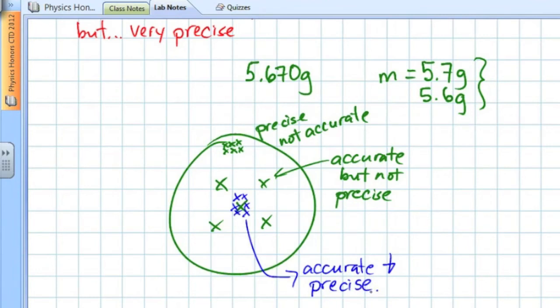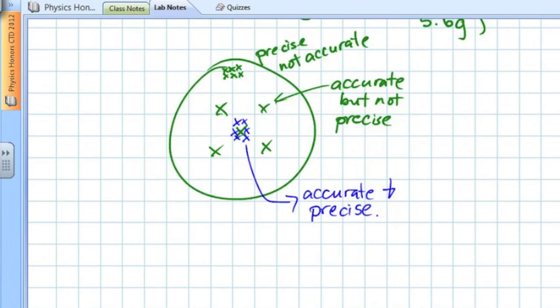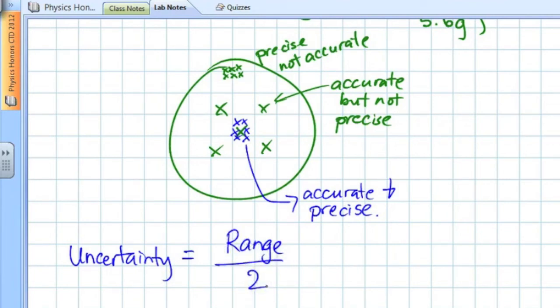Okay, and the final thing that we want to talk about right now is the fact that this precision is related to the number of sig figs. And finally, we can talk about the uncertainty of the data. Okay, so the uncertainty of the data is equal to the range of values divided by 2.